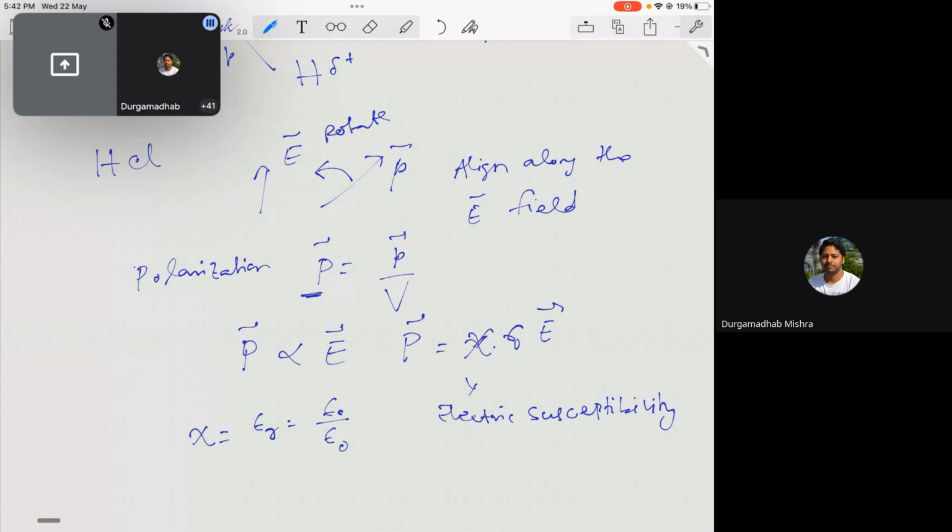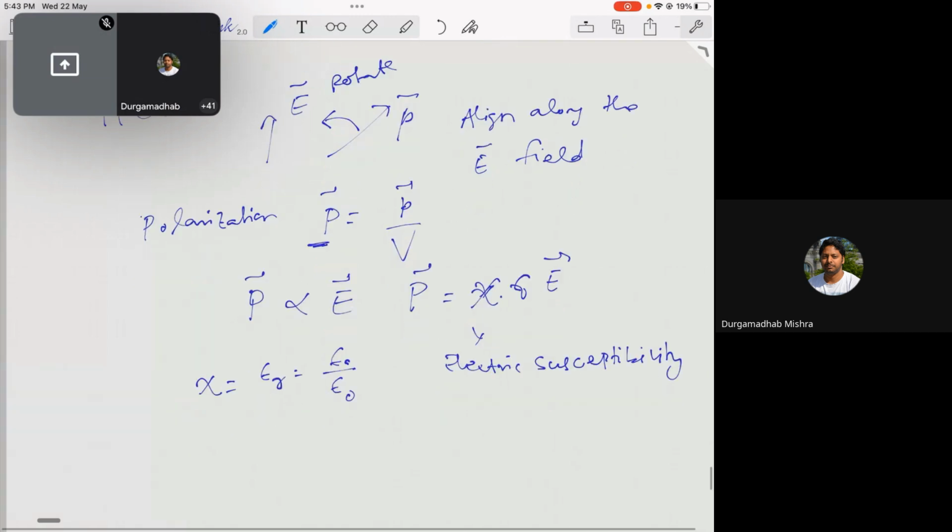So what will be the potential or the electric field in the presence of a dielectric? It is very similar to what we have seen earlier for the normal conductor case. But in a conductor we have free charges, whereas here we have charges which are immobile, or bound charges.